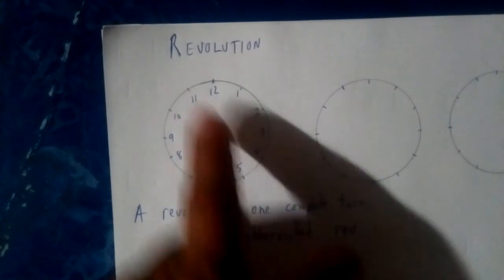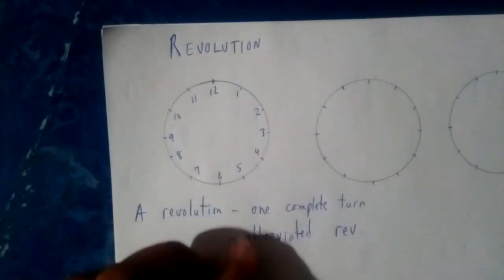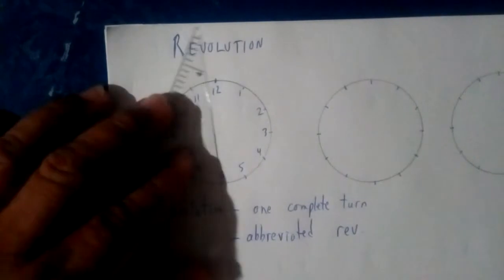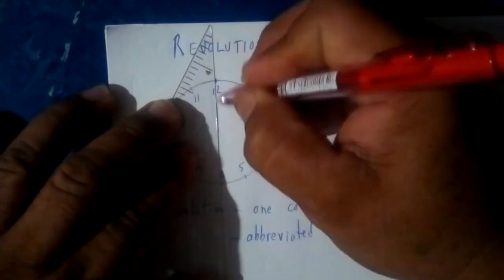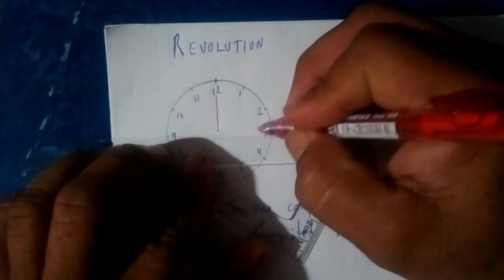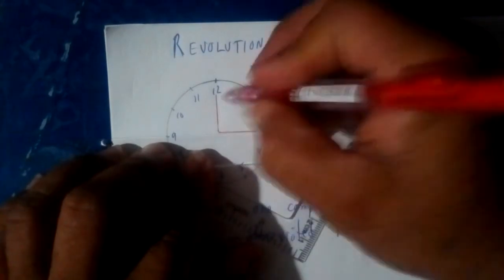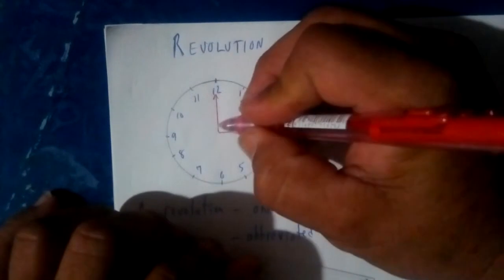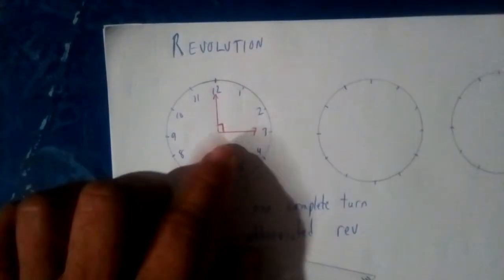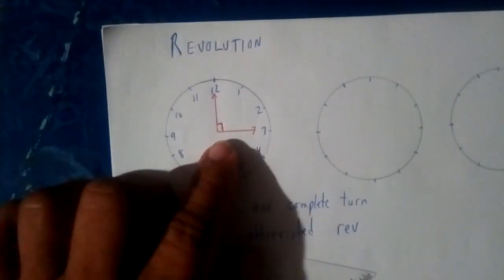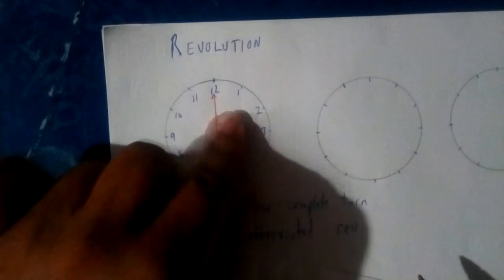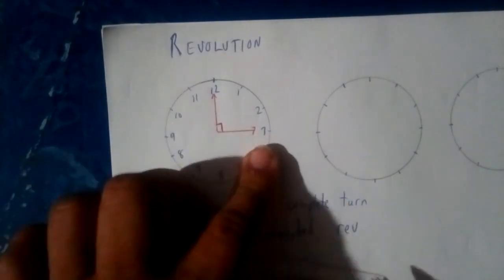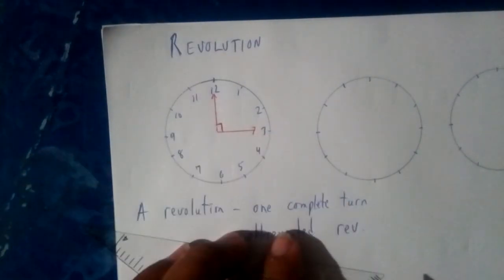Now the quarter of a revolution: if I have this piece here, that's part of a revolution, and this is at 90 degrees. Because this is a circle, if you split it in 4 parts, this is a quarter of a circle. So this is a quarter of a revolution. So how do we write that?